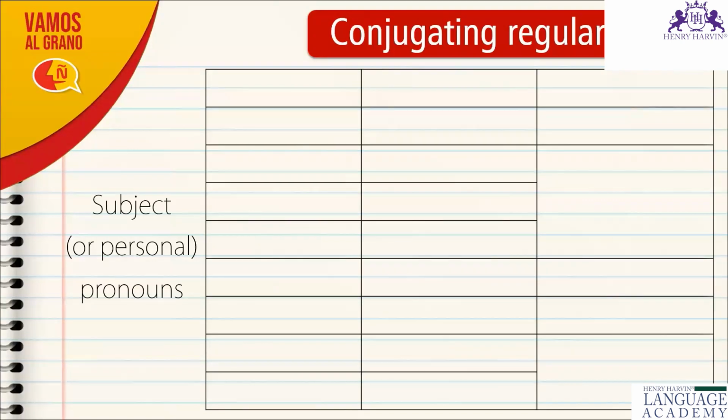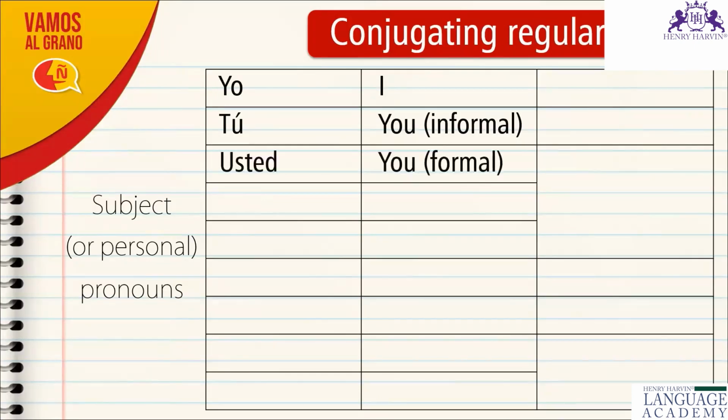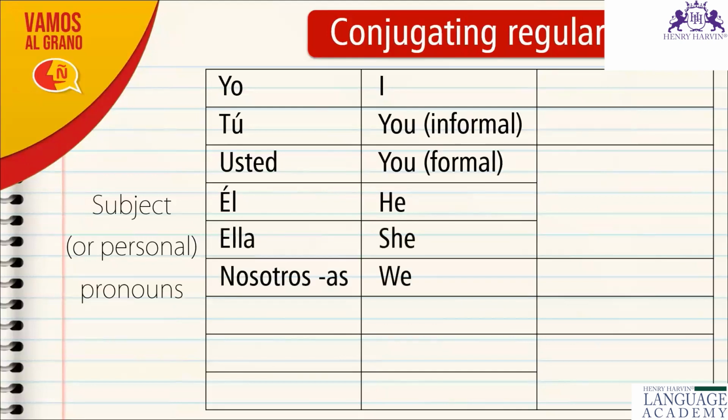The subject or personal pronouns in Spanish are the following: yo, which means I; tú, which means you, and it's used in an informal way; usted, which means you but is used in a formal way; él, which means he; ella, which means she; nosotros o nosotras, which mean we; vosotros o vosotras, which is a plural form of you and is mainly used in Spain.